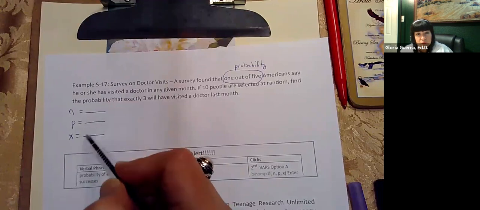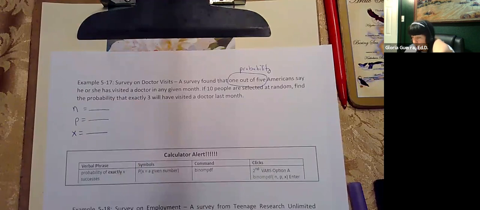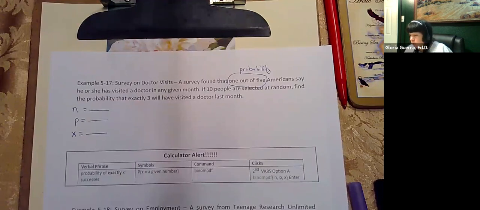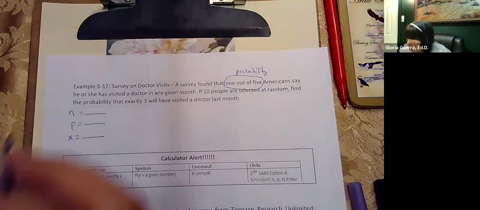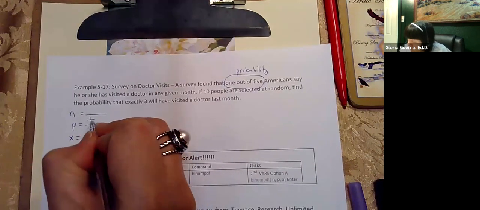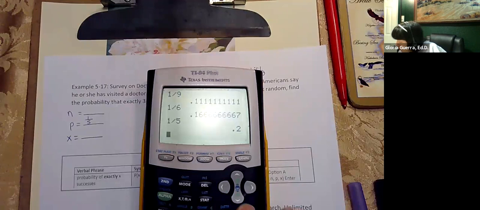You want to fill those in. You don't want to leave those because those count as rubric points. Those are part of showing your work. For us, the probability is 1 out of 5, so successes 1 out of total 5. Successes over total. So 1 divided by 5 is 0.2.